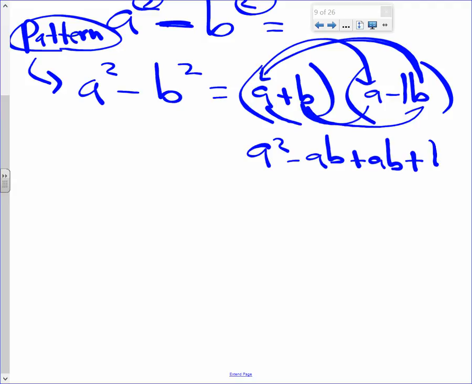Watch the like terms now. Negative 1AB plus a positive 1AB becomes 0. Negative 1 plus a 1 is gone.